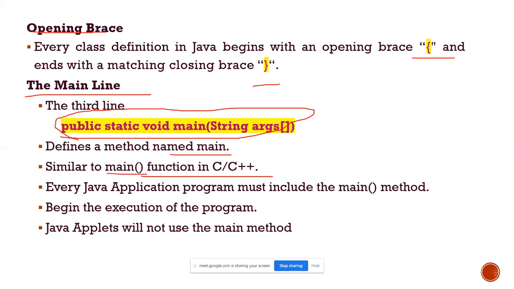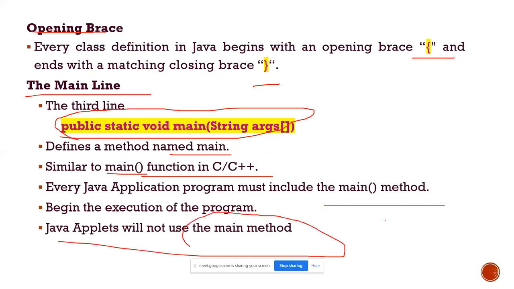It is similar, but here, instead of just main or void main, you have to give public static void main. Every Java application program must include the main method to begin execution of the program, and Java applets will not use the main method. Java is divided into two major categories, applications and applets. The example we have seen is only for applications, and Java applets will not use the main method.